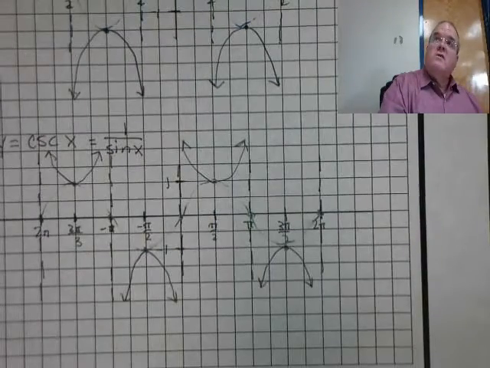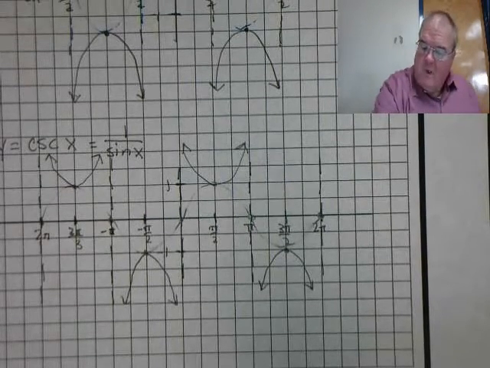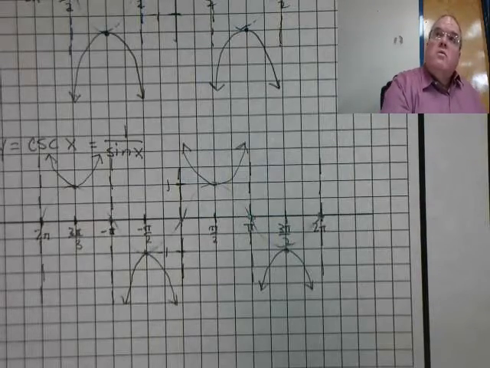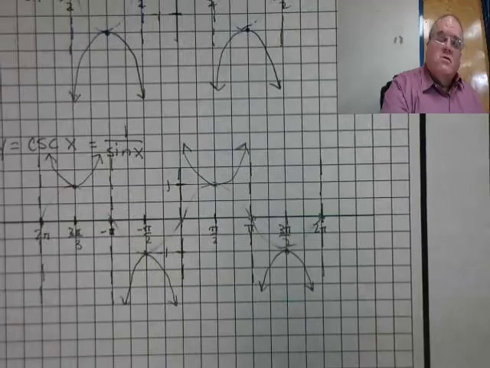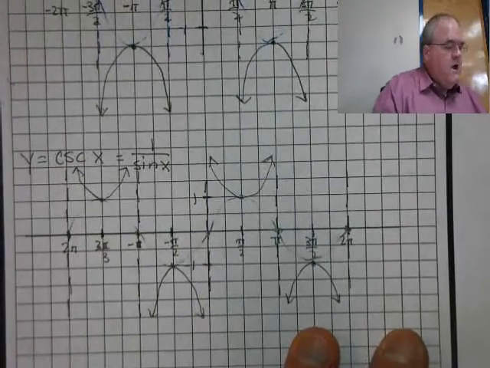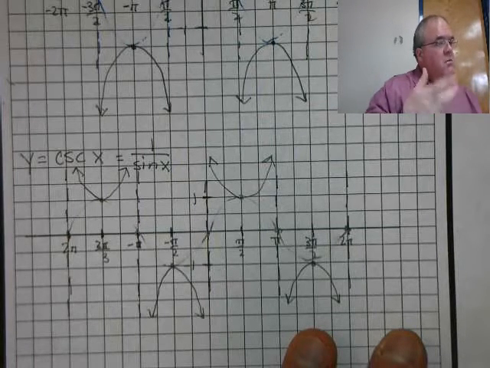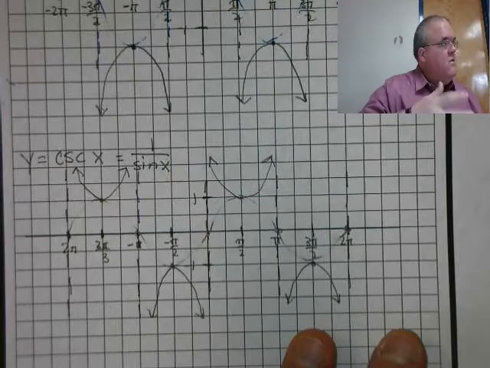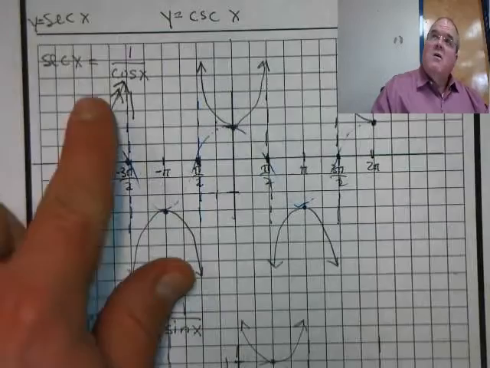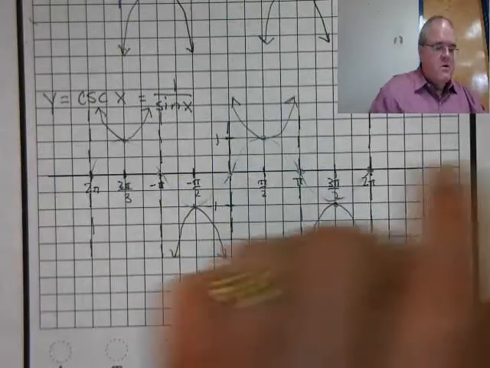And that's what the cosecant looks like. So we have two distinct curves. We have the secant x and the cosecant x, and they are the reciprocals of cosine and sine. Secant is the reciprocal of cosine, and cosecant is the reciprocal of sine.